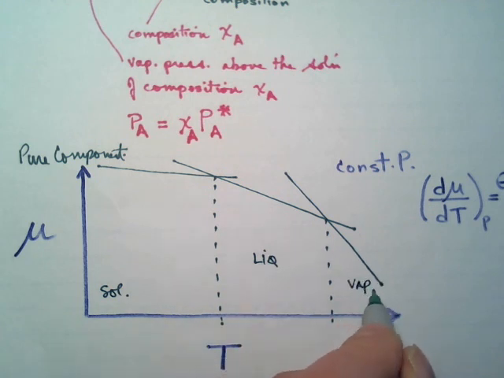And this is vapor. All right, so this clearly would be the melting, and this is the boiling. Now, what happens, here's the question, and this is a big question. What happens to the chemical potential of pure liquid A when I add my non-volatile solute to it?